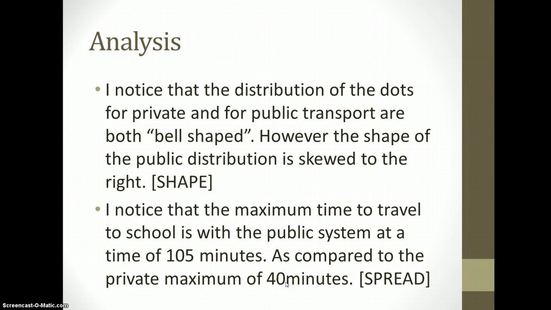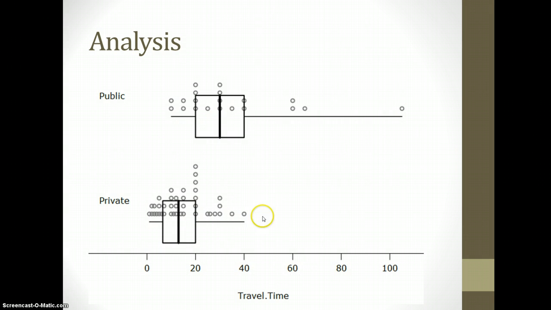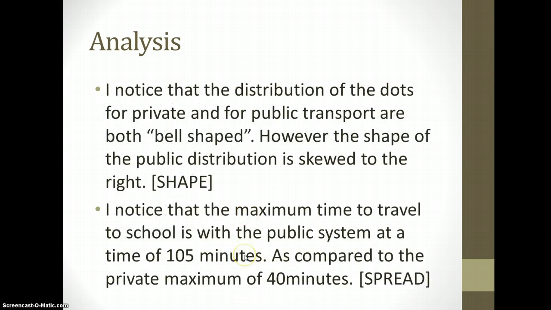This statement is okay. I like it because it talks about the numbers. 105 compared to 40. So it's talking about the maximum times to travel to school. In spread, I would also usually talk about range.